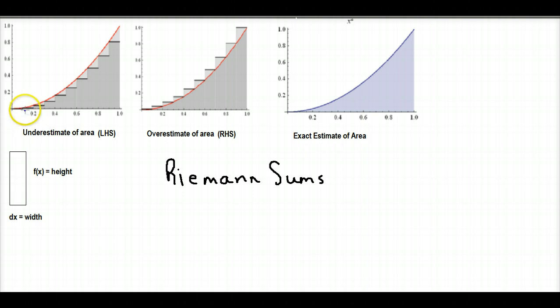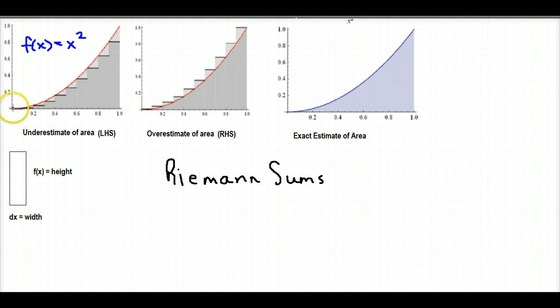Okay. Now, if we're doing a left-hand sum, what we do is we take the function, which in this case is y equals x squared. So we'll say f of x is equal to x squared. And we're going to plug in values for x starting at x equals 0, and we'll step by tenths up until we get to 9/10.